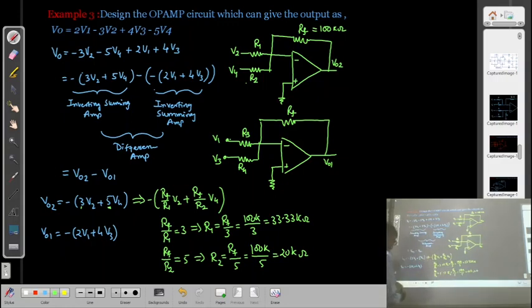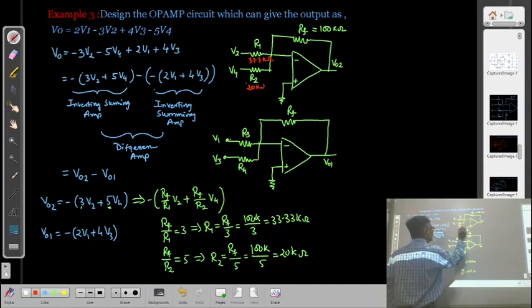So my required value of R1 is 33.3 kilo and R2 is 20 kilo. Right? So we have designed one of the summing amplifiers.